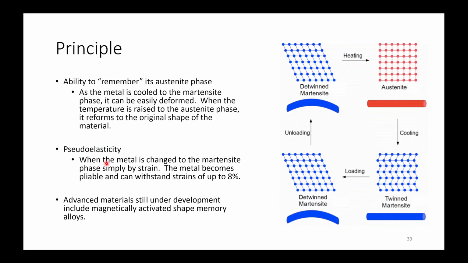Pseudoelasticity is when the metal is changed to the martensite phase simply by strain. The metal becomes pliable and can withstand strains up to 8%. Advanced materials still under development include magnetically activated shape memory alloys.